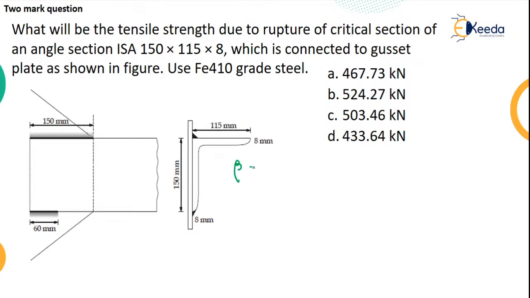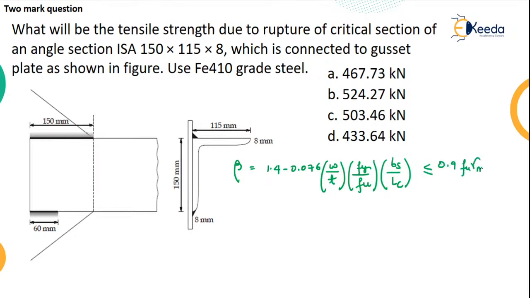Beta is given by the formula 1.4 minus 0.076 by W by T into Fy by Fu into Bs by Lc, less than or equal to 0.9 Fu gamma m0 by Fy gamma m1, greater than or equal to 0.7. Okay, so try to do the calculation.